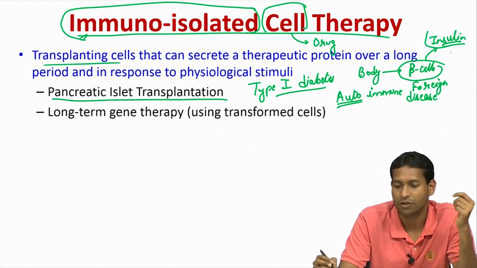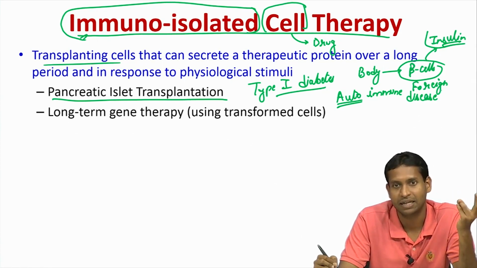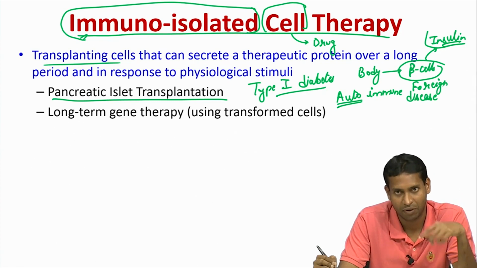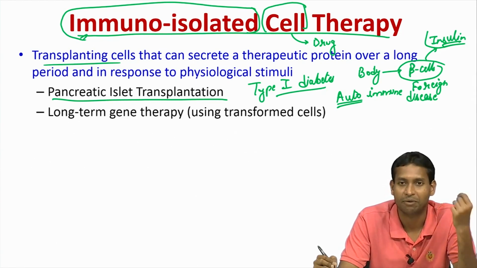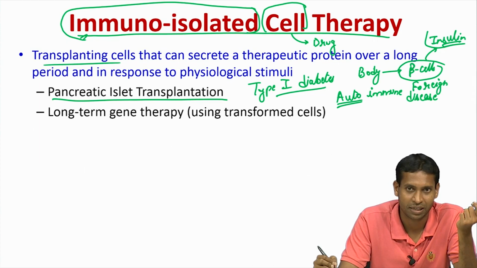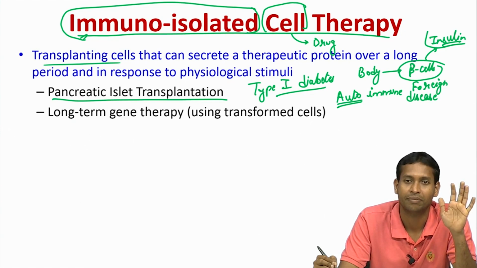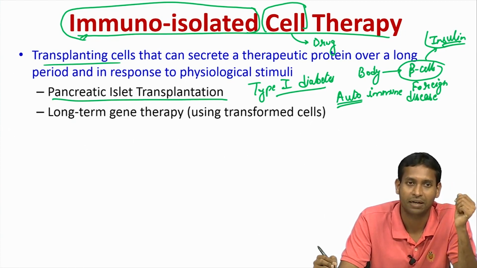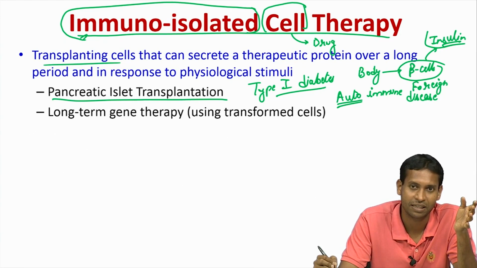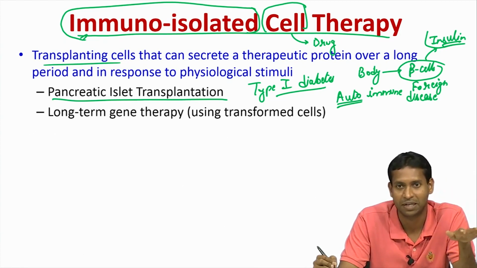So what is done for these patients is, there are two routes. Either you keep on taking insulin regularly, so every time you eat you have to take an insulin dose to make sure that the glucose that you are taking in gets metabolized, or you can put cells in them, because obviously the original cells have been destroyed.